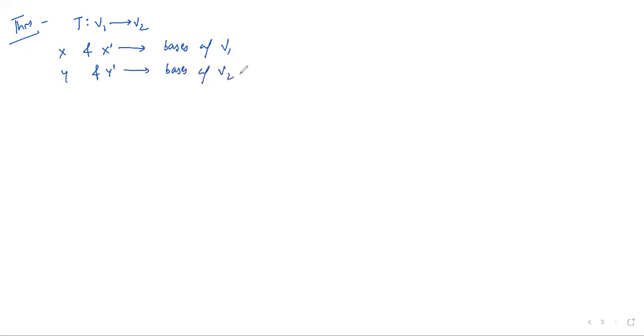There is an important theorem: I have a linear mapping T from v1 to v2. X and x dash are bases of vector space v1, and y and y dash are bases of vector space v2.